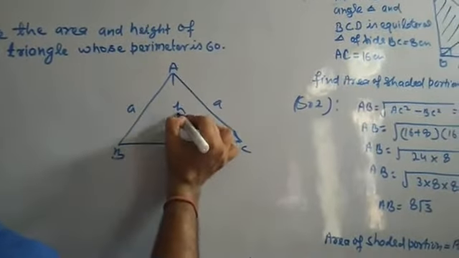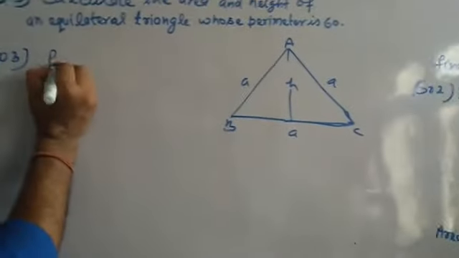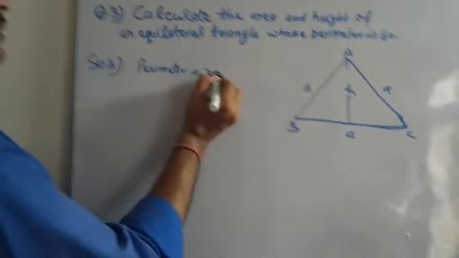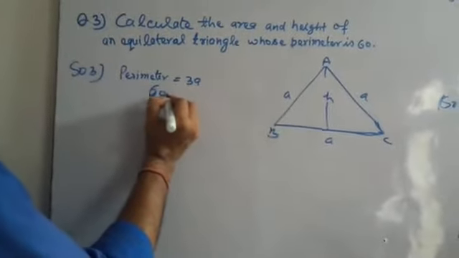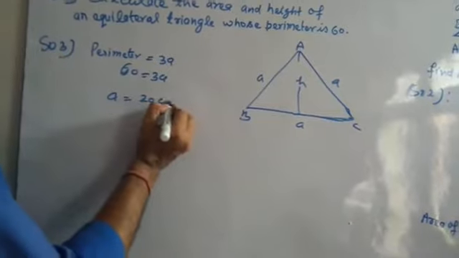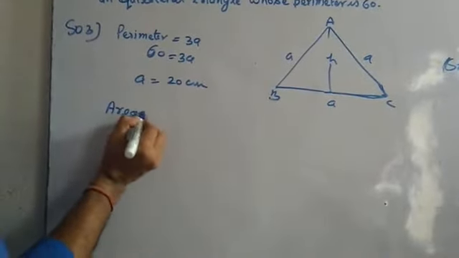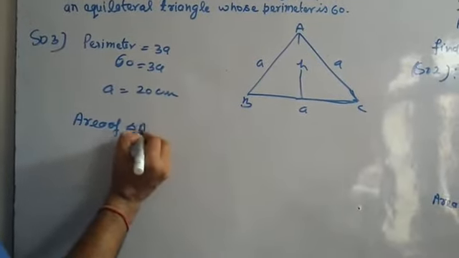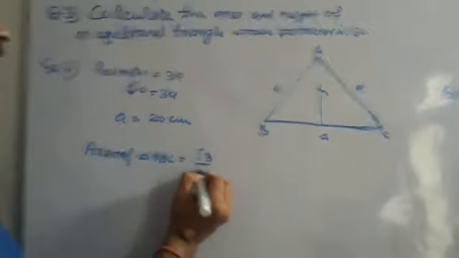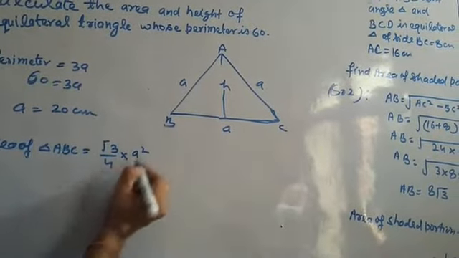Solution 3. Let the side of triangle ABC be A, and the corresponding height on BC is H. Perimeter equal to 3A. This is 60 equal to 3A. A equal to 20 centimeter. Area of equilateral triangle ABC is root 3 by 4 into A square.